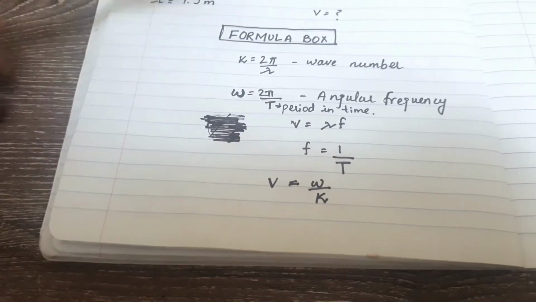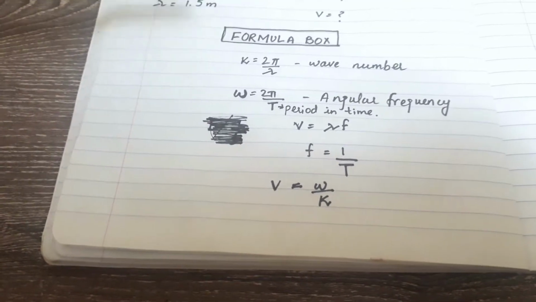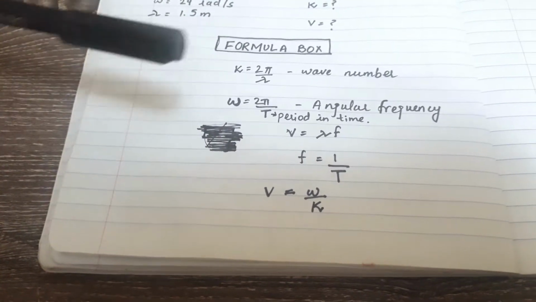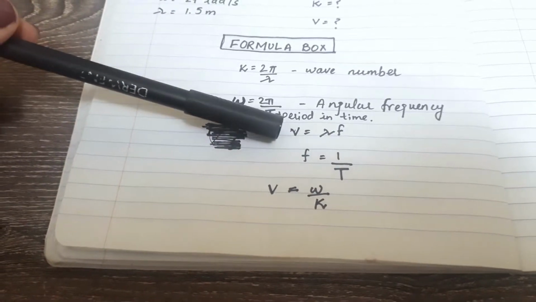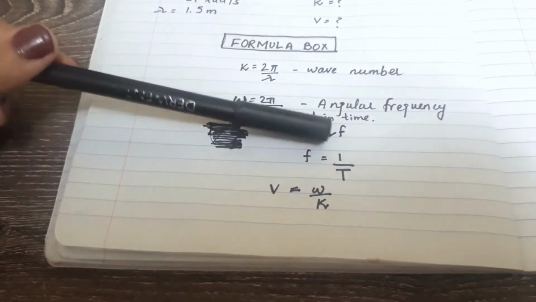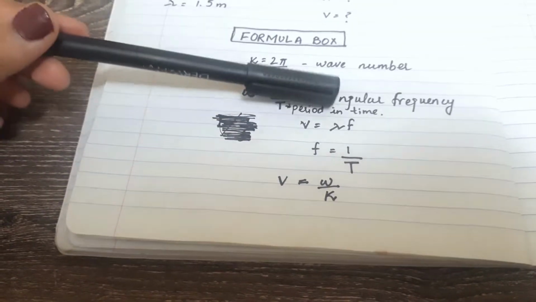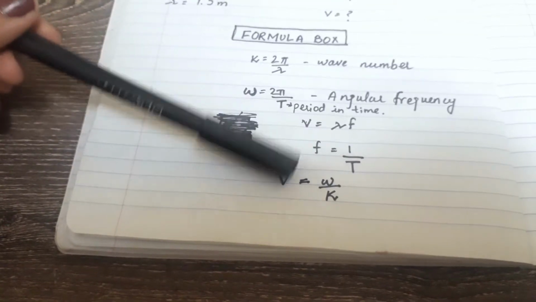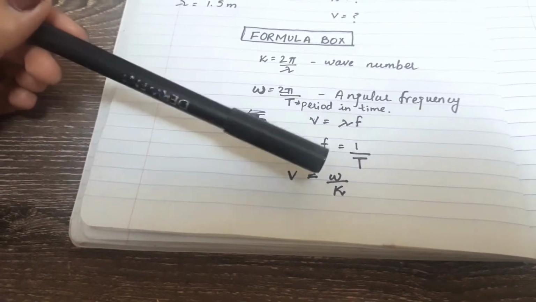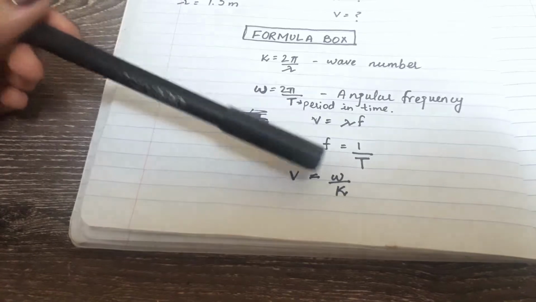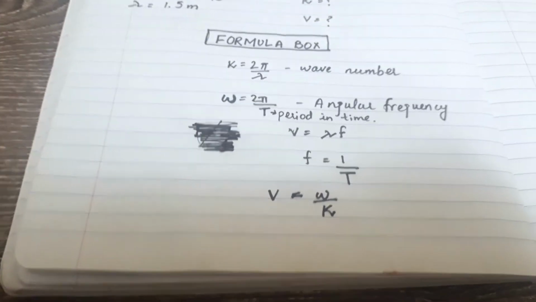Since this question is asking for the wave number and wave speed, I also know the formula for the wave speed, which is v equals lambda f. F is the frequency, which we can find by dividing 1 by the period in time.